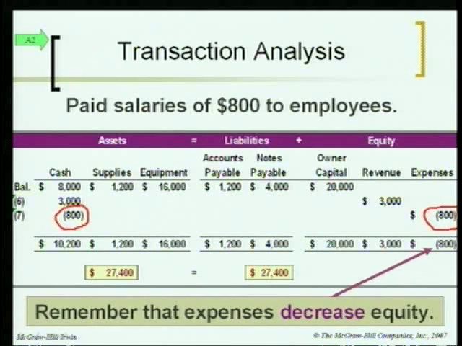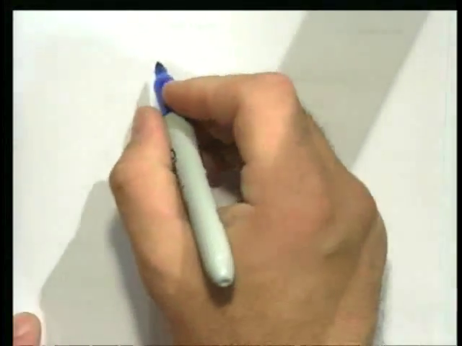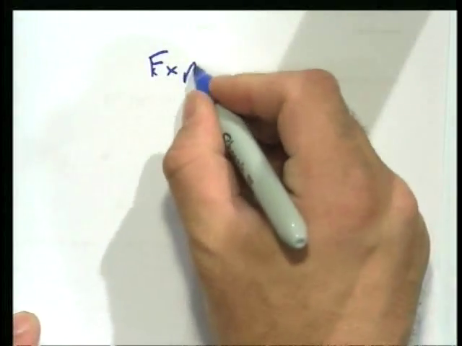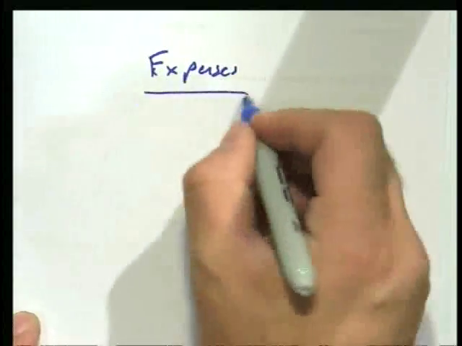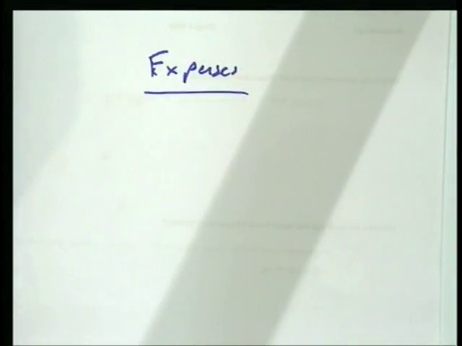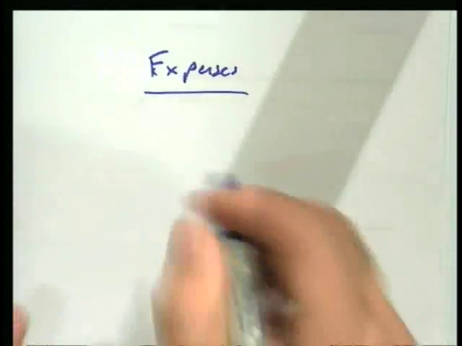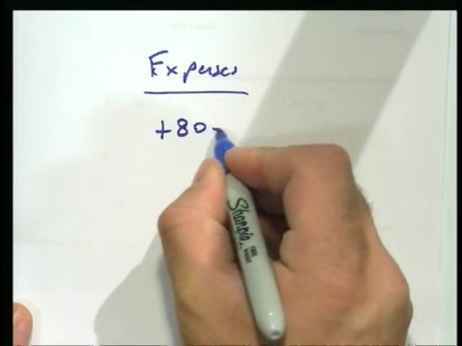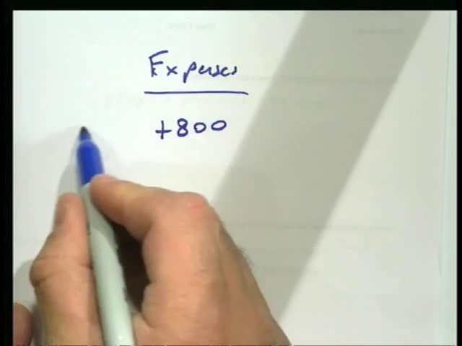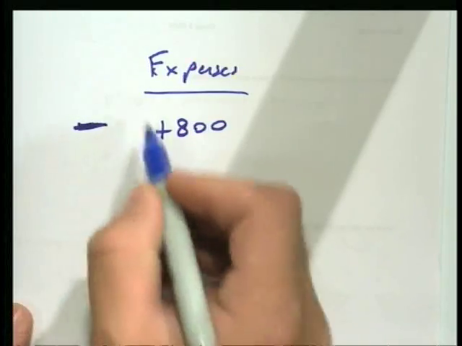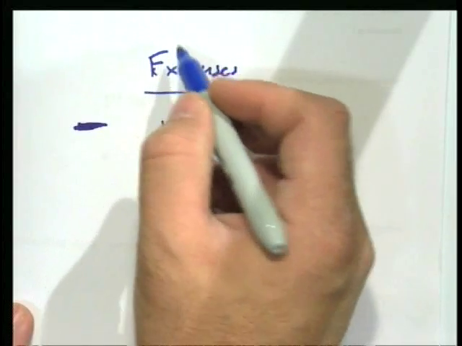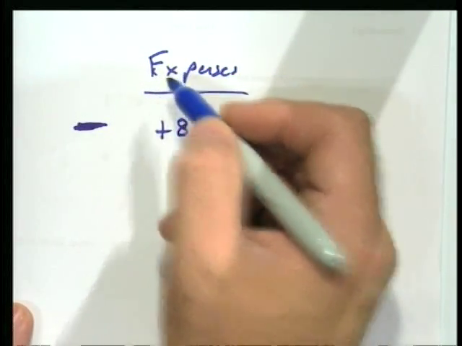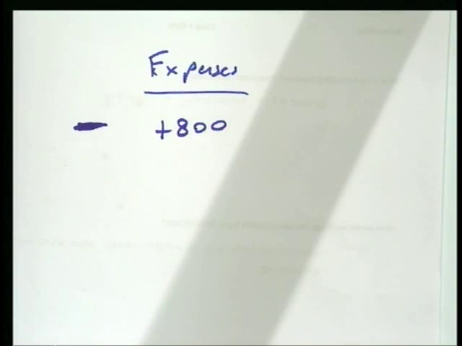Here, switching over to the Elmo real quick, I really wish they would have done this way instead. I wish they would have, and how much was the amount? Somebody remind me? 800. I wish they would have shown expenses going up by 800, but then recognizing over here that those are subtracted in arriving at equity. Do you see what I'm saying? Expenses are going up. Expenses are not going down.